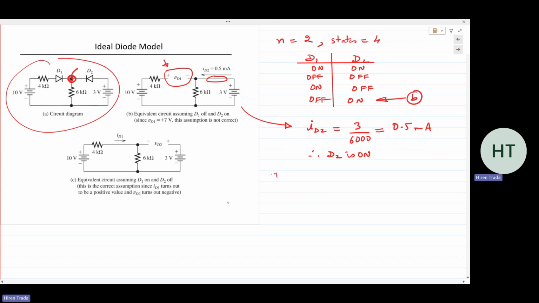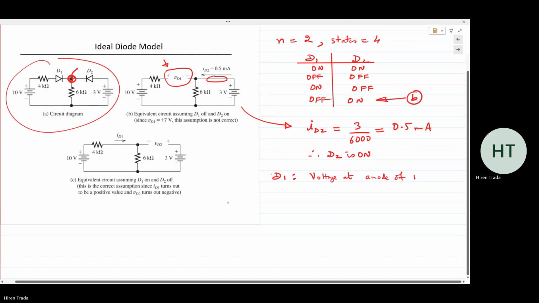So this is the analysis for D1. What is the voltage at the anode of D1? It's 10 volts. Why is it 10 volts?